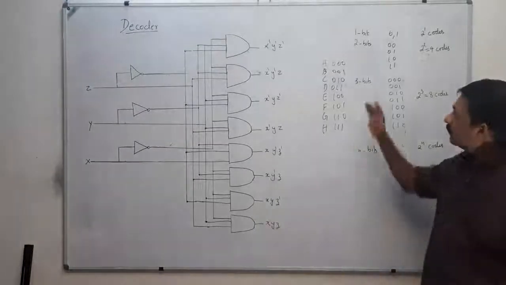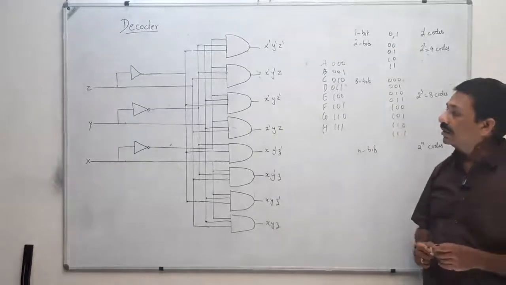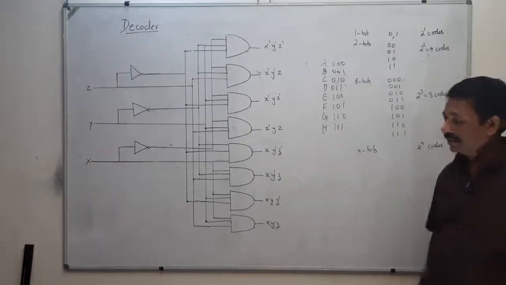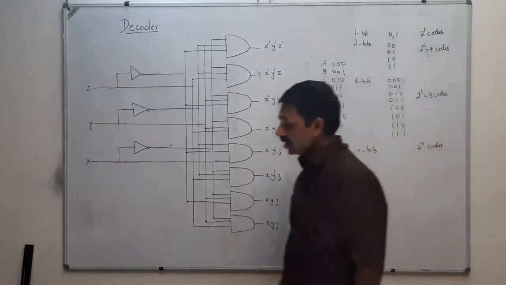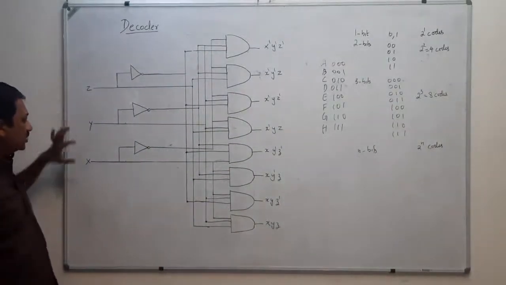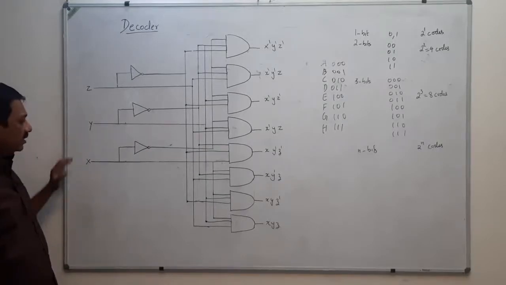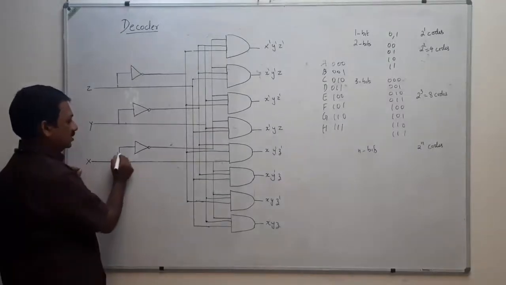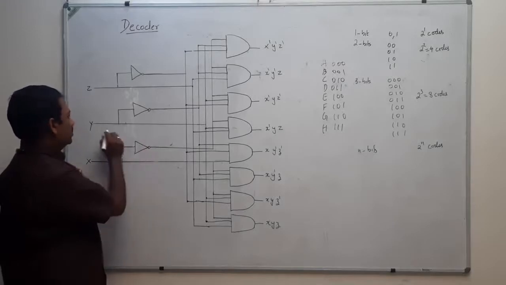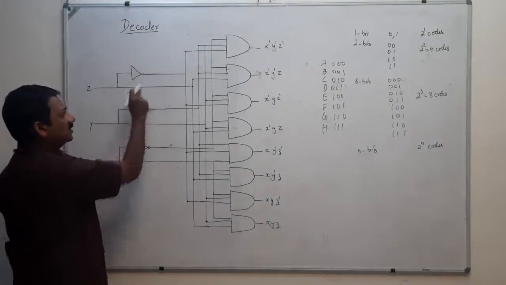And if you get this code, how do you decode it? That is the point of discussion here. If you have a 3-bit code, suppose that these are represented by x, y and z. This is x, this is x bar, this is y, this is y bar, this is z and z bar.